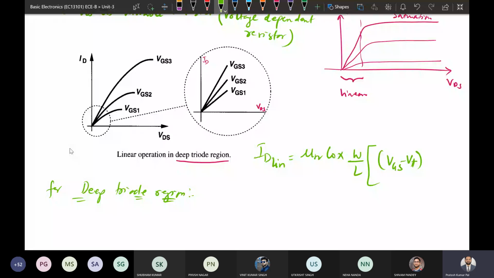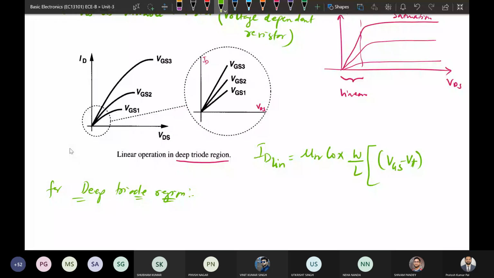This is called thermal voltage, and VTH is called threshold voltage. So we are talking about the threshold voltage of MOSFET. So this is mu n Cox W by L, VGS minus VT into VDS minus VDS whole square divided by 2. So this is the current equation in case of linear region.